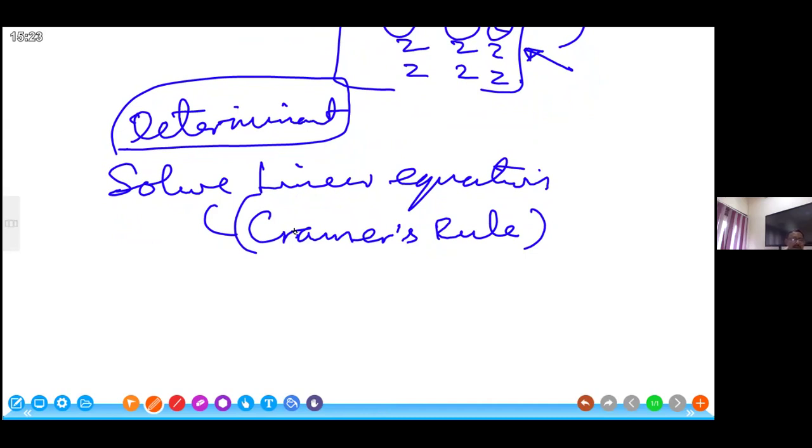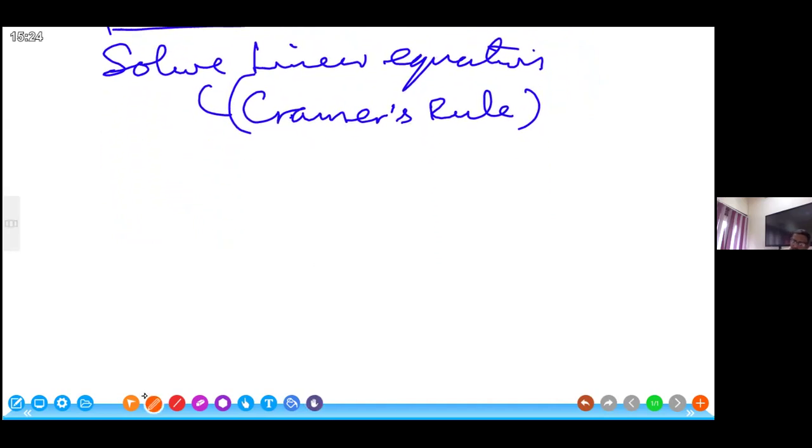What does this Cramer's rule say? For example, let's say 2x plus 4y is equal to 9.